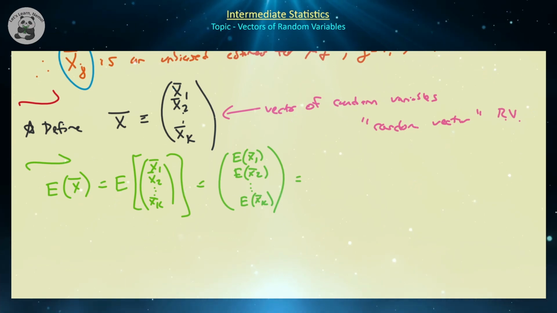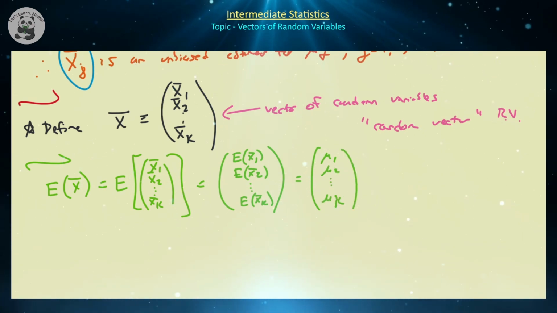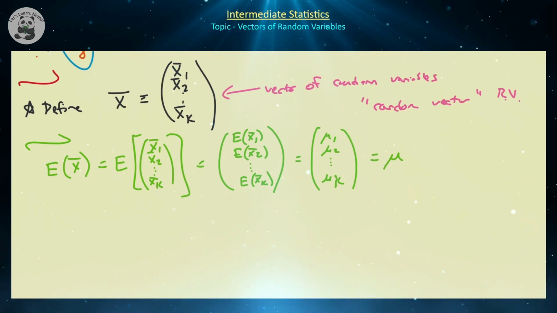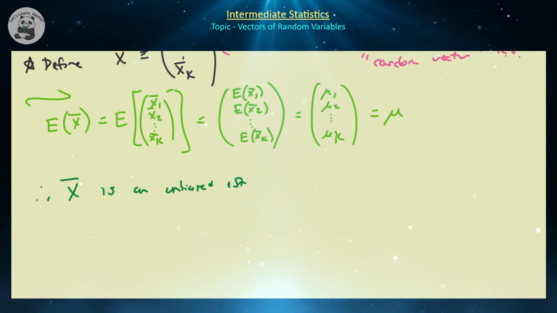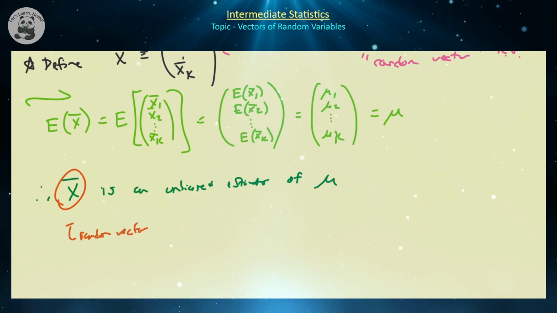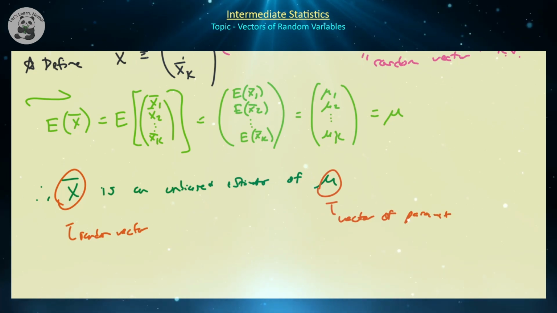And we've already proven that x bar j is an unbiased estimator of mu j, so that's just going to be equal to mu1, mu2, down to mu k, and we've already defined this to be our parameter vector mu, and therefore that means that the random vector x bar is an unbiased estimator of mu. Here, this is a random vector, and this is a vector of parameters.